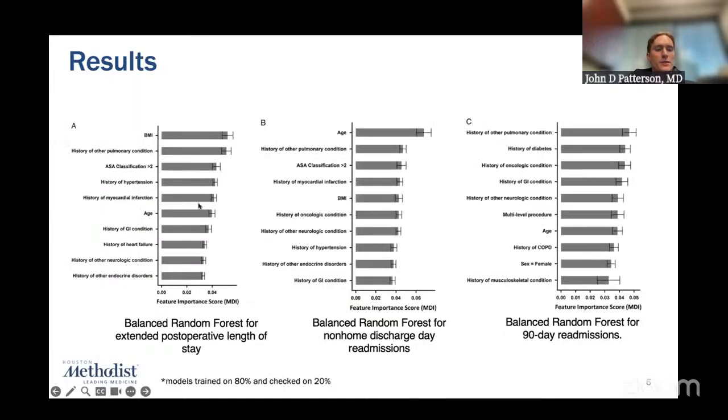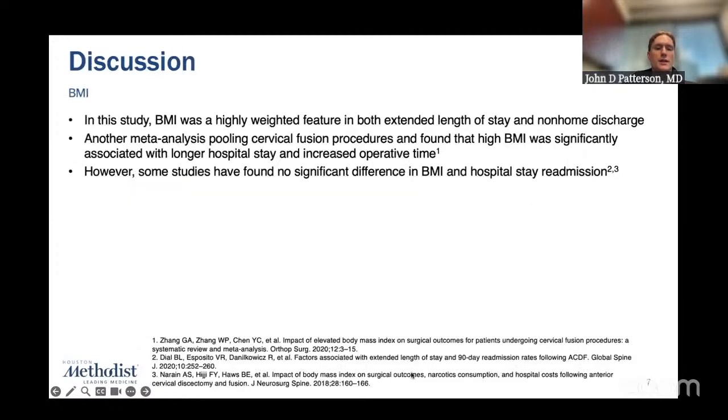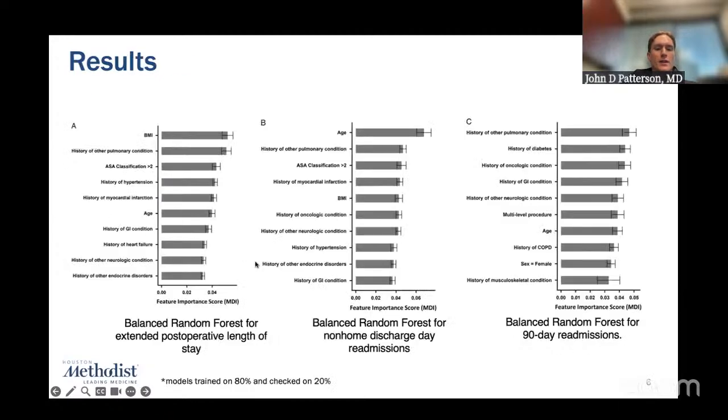For their results, this is A here. This is for the extended postoperative length of stay, which again they defined as length of stay greater than or equal to 2 days. For that one, BMI, pulmonary conditions, and ASA class greater than 2 were some of the most important characteristics.